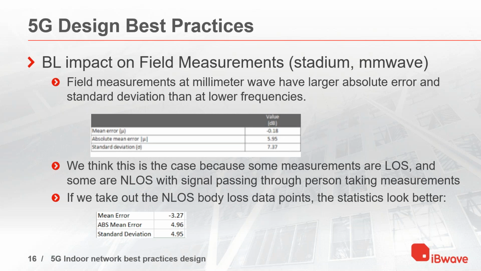When we took them out, the statistics looked like what you see: absolute mean error just around 5 dB, standard deviation just around 5 dB. As for the statistics, I would say about 15 to 20% of the points had the excessive loss.